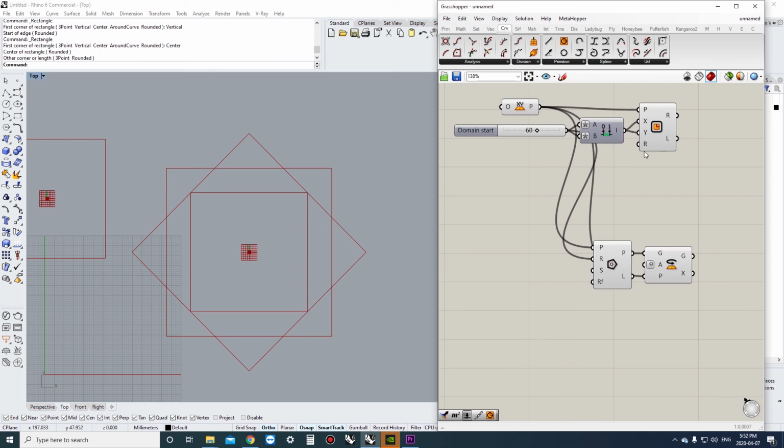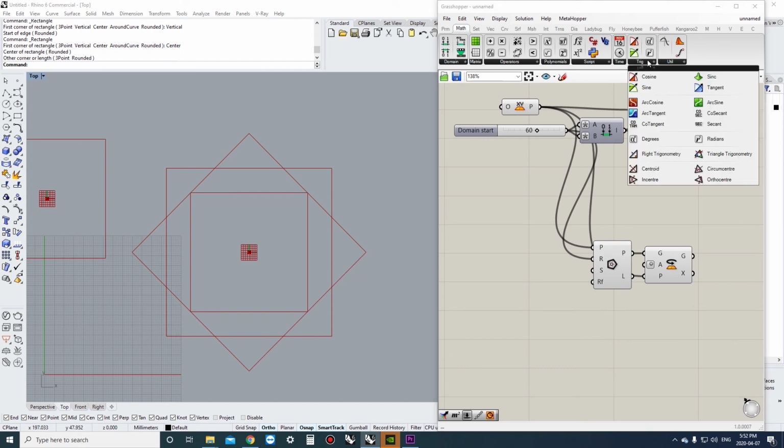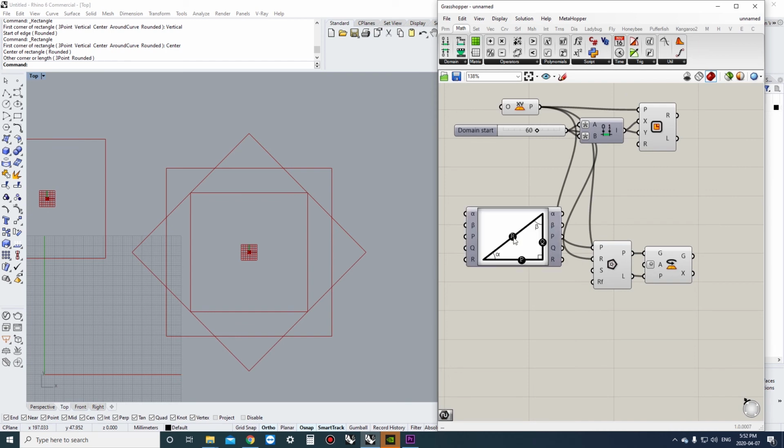But in this case, if you wanted to duplicate this, you'd actually have to do some trigonometry. Where is that trigonometry? It's in here. We can do some right trigonometry. You can use the other components if you want.